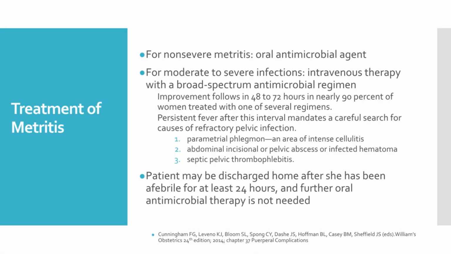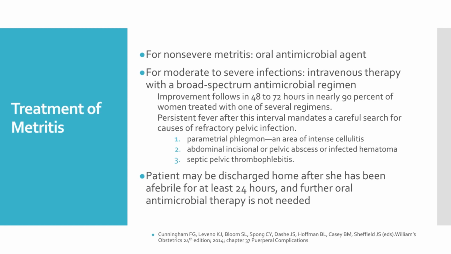So how do we treat metritis? For non-severe metritis, we just give an oral antimicrobial agent. But for moderate to severe infections, we start intravenous antimicrobial therapy with a broad-spectrum regimen. Improvement usually follows after 48 to 72 hours in the majority of patients.